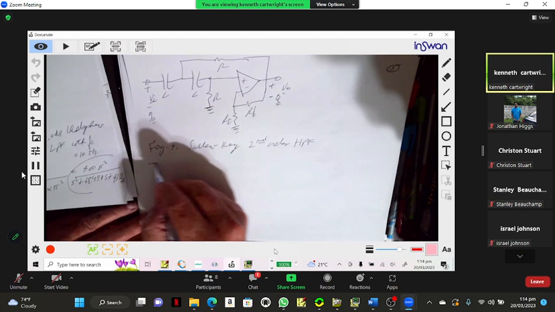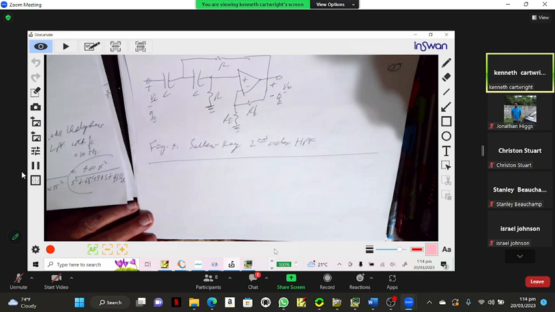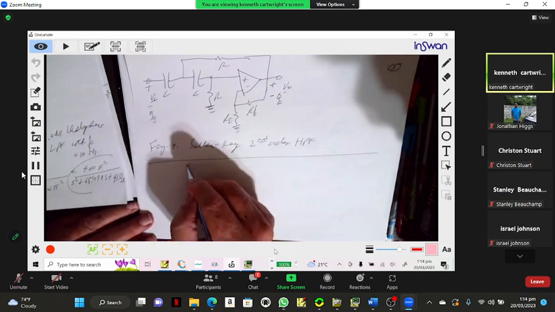Now let's talk about transfer functions of a high pass filter. Let's go back to page 1.